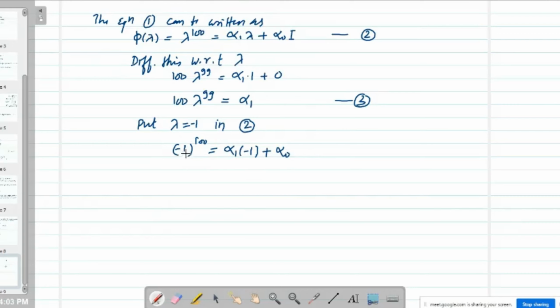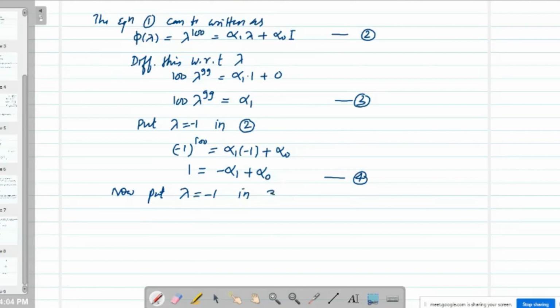Now solving this, this will give 1 equal to minus alpha 1 plus alpha naught. Name this equation number 4. Now put lambda equal to -1 in equation number 3.